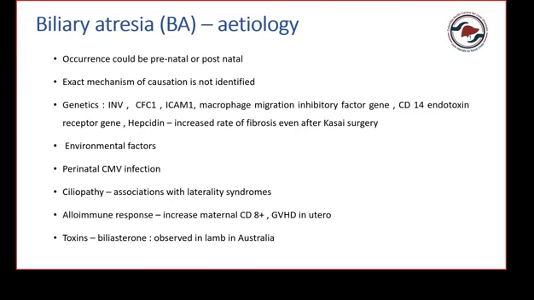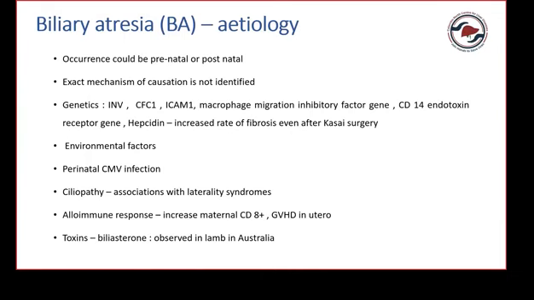There were theories postulated about ciliopathy as well, because biliary atresia is sometimes associated with situs inversus and laterality defects. So people were thinking, is there a defect in cilia? Maybe there is an alloimmune response. In the literature, it is documented that increased maternal CD8 has an effect, like a graft versus host disease picture in utero.